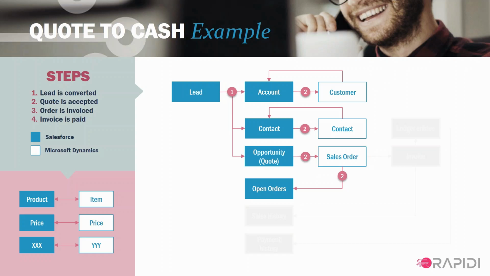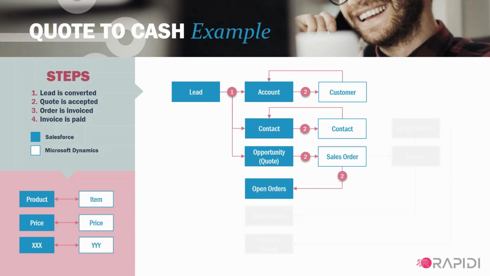In this case, they don't have to switch to Microsoft Dynamics to get that information. They don't have to make internal calls to the order department to figure that information out, but they can see the information updated directly in Salesforce.